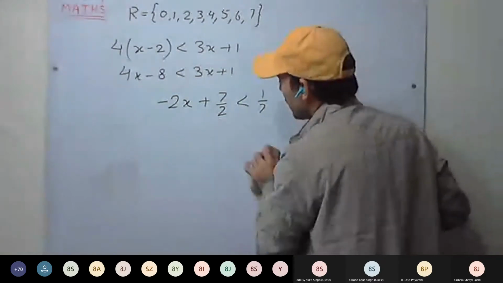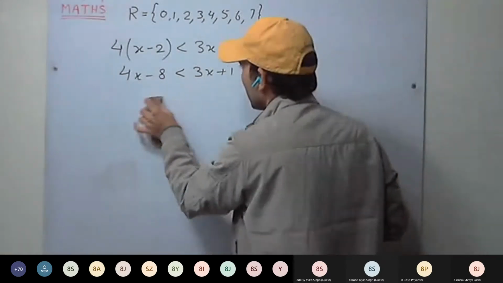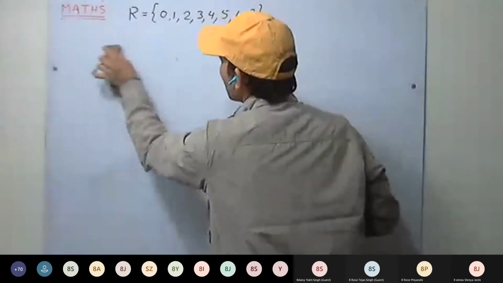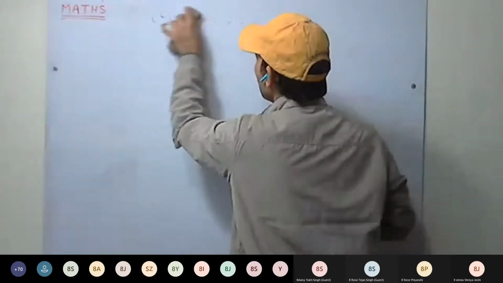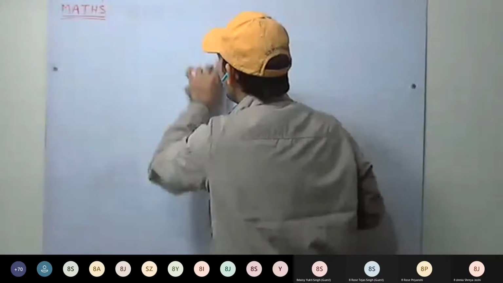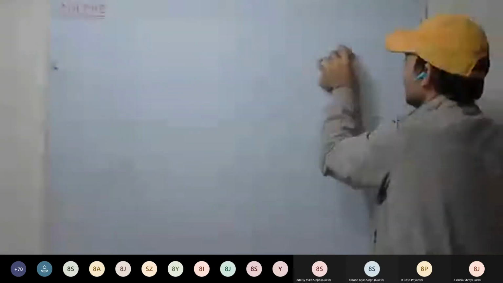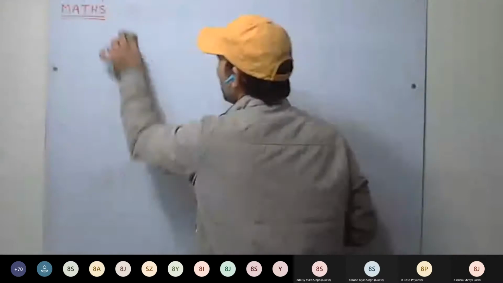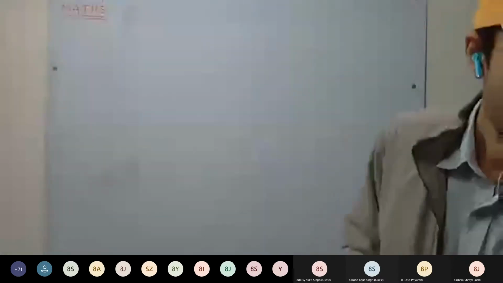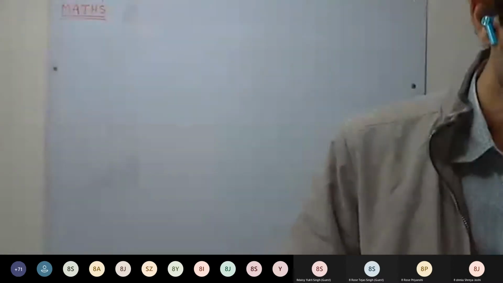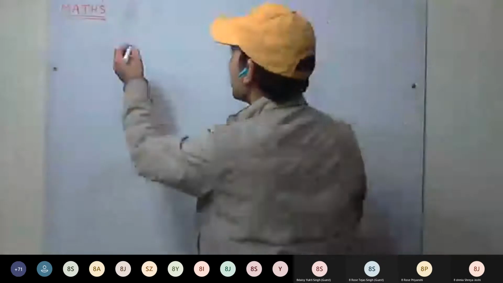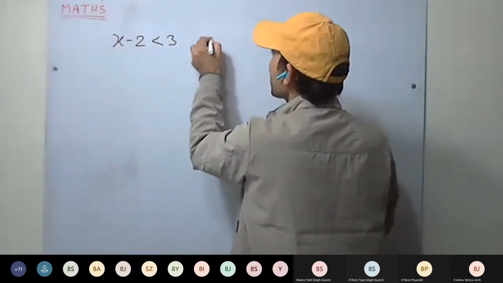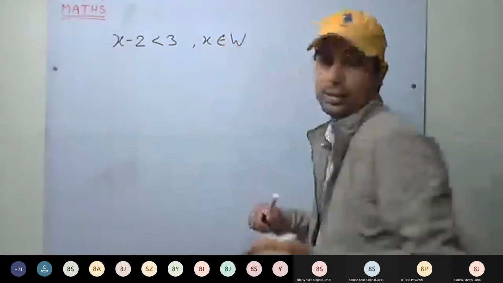Okay. And that we have to represent on the number line, the real number line. So first, x minus 2 less than 3, where x belongs to whole numbers.